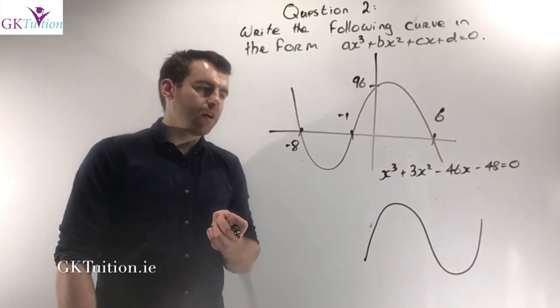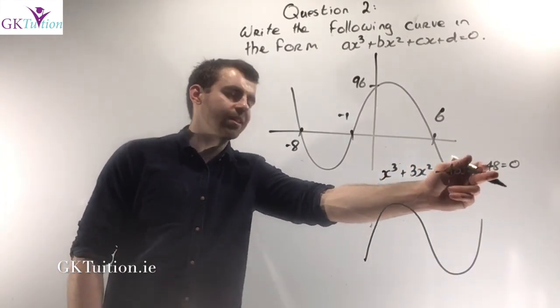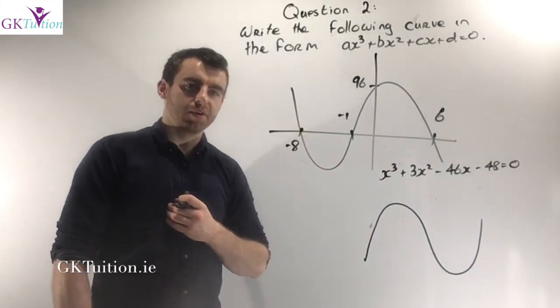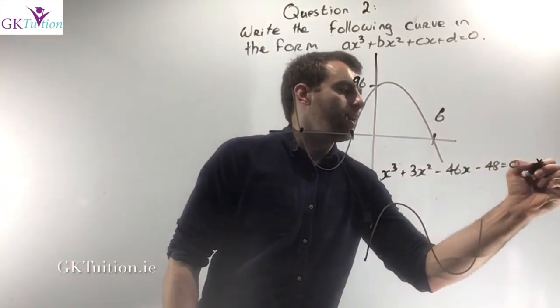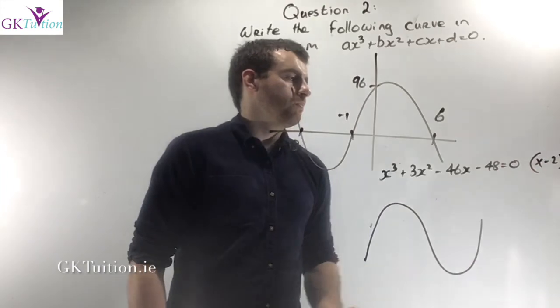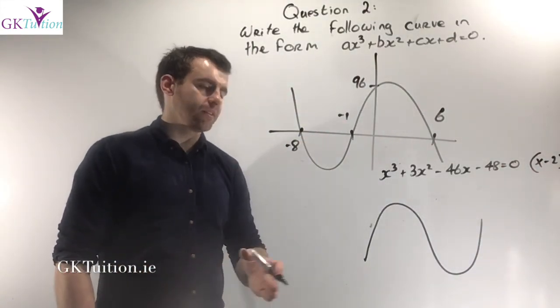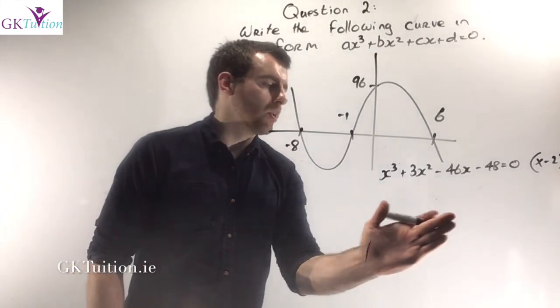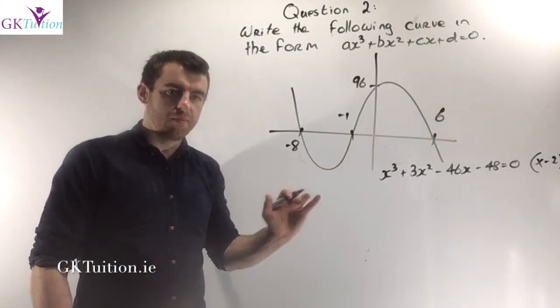So I need to think, what should I multiply the constant at the end by so that it becomes a plus 96? What you need to do is multiply minus 48 by minus 2. If I multiply minus 48 by minus 2, I'll get plus 96. That tells me that what I need to do to the cubic I've come up with is just multiply everything by minus 2.